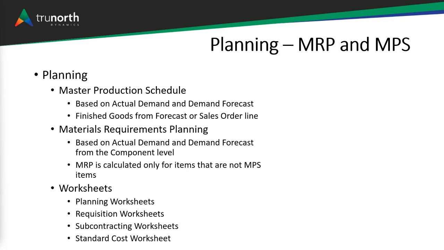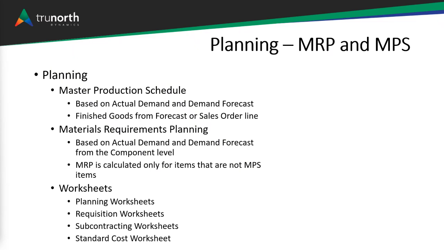MRP, again, is based on actual demand and demand forecast, but not at the finished good level. It's looking at the component level. The results of that MRP run are going to be for any items that are not part of the master production scheduling, my finished goods.